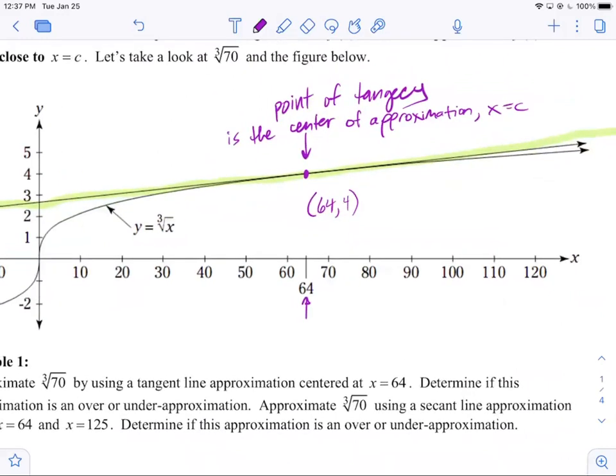So notice that at the point of tangency, at the center of approximation, the equation of the line and the equation of the cube root of x have the exact same value, right? Remember, at any point, a function and its tangent line share the y value and the slope value.